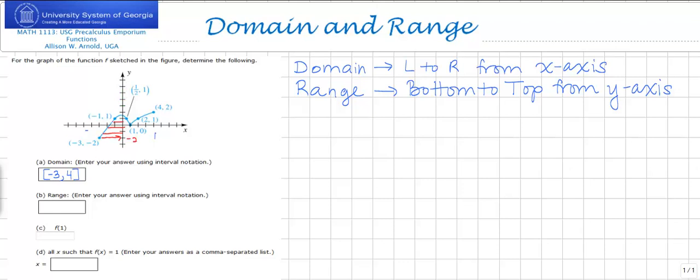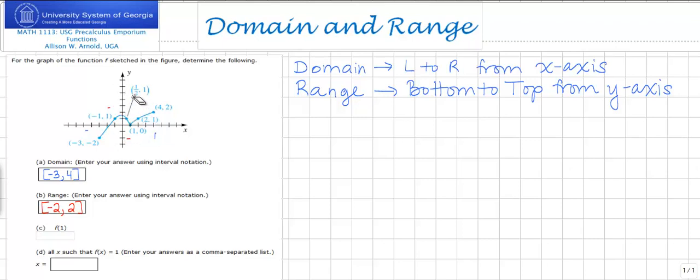My graph doesn't make any skips, any jumps, and starts at y equals -2 and stops at y equals 2. So that would be the closed interval from -2 to +2.